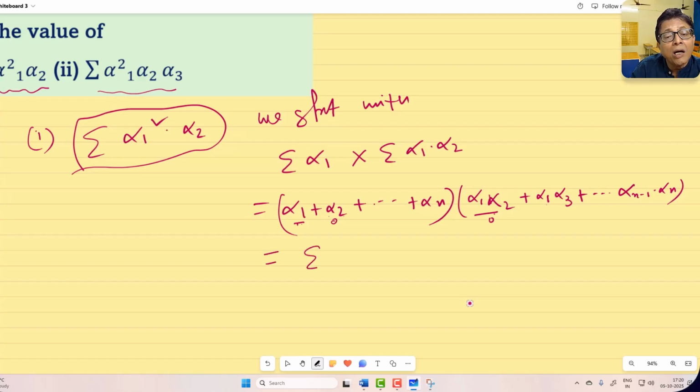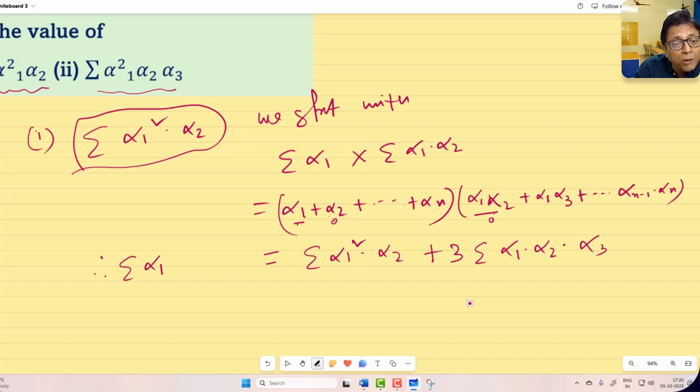So sigma alpha 1 square alpha 2 you are getting here, and the first three symbols alpha 1, alpha 2, alpha 3, they are coming thrice. Sigma alpha 1, alpha 2, alpha 3. So you have started with this alpha 1 into, you know the value of this, you know the value of this, you can get the value of this thing.